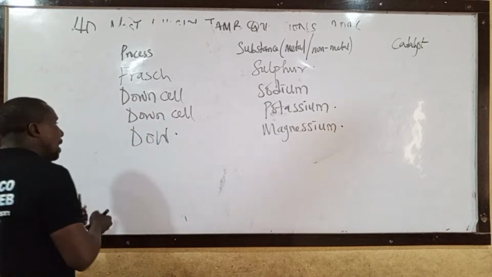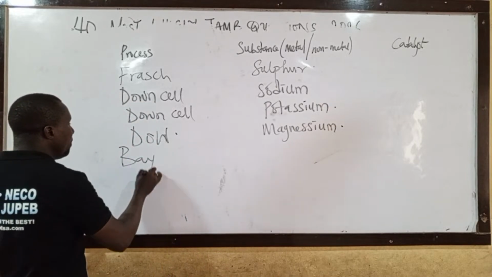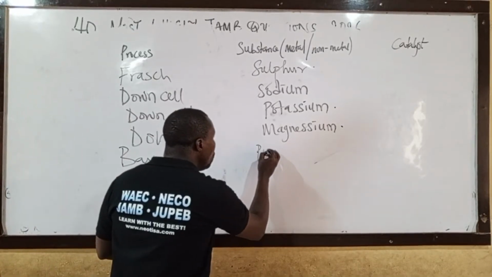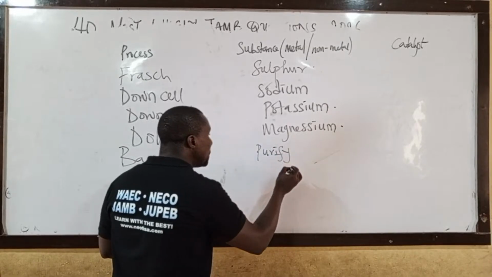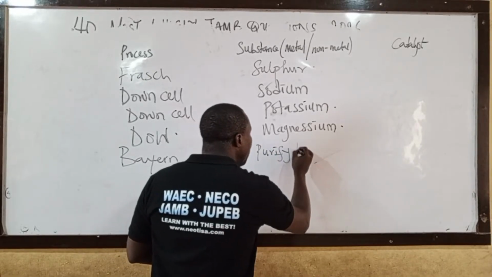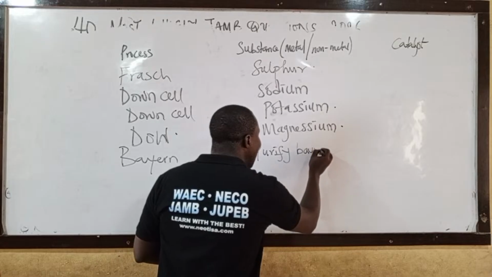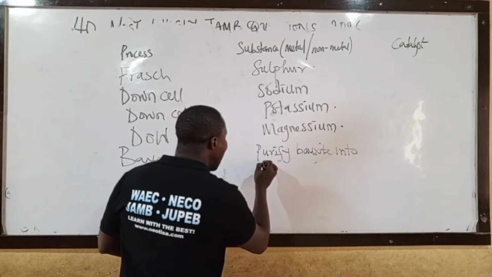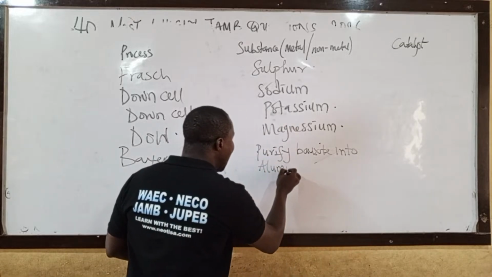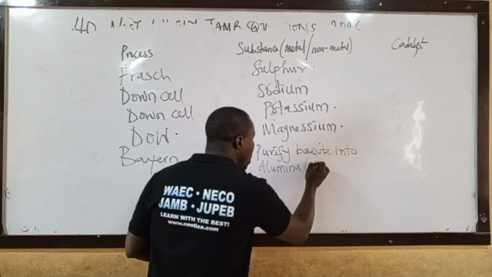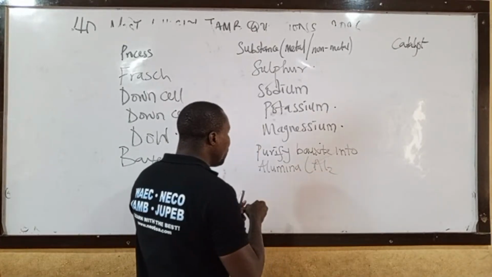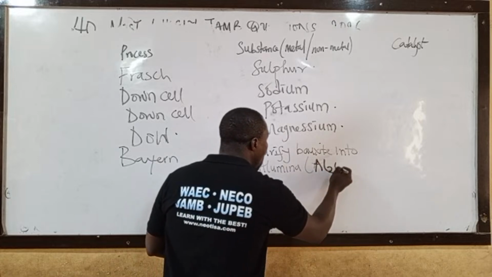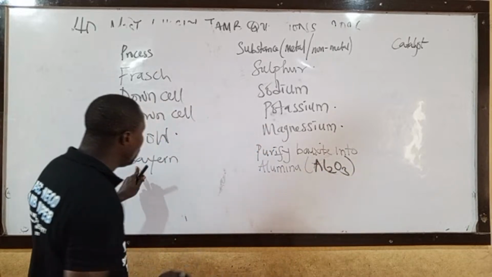We have the Bayer process. This one is to purify bauxite into alumina, which is aluminium oxide.